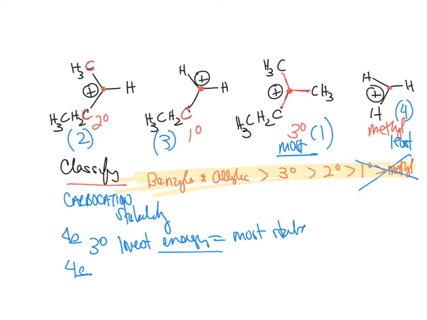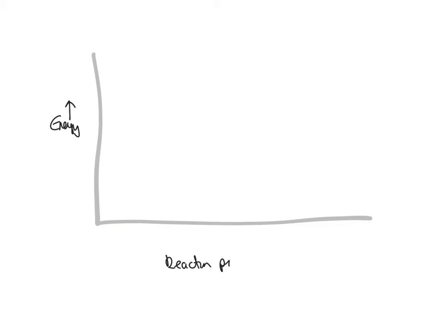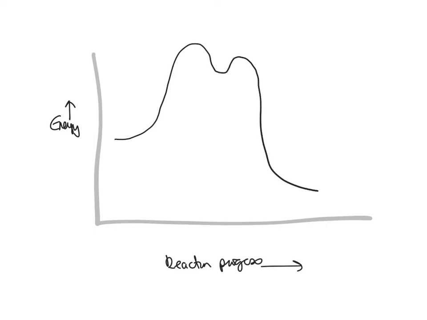All right, so let's draw our reaction energy diagram. Energy goes up on the y-axis, reaction progress goes on the x-axis. Okay, we have a two-step with a valley. So this is our valley. You're going to have something that looks like this.